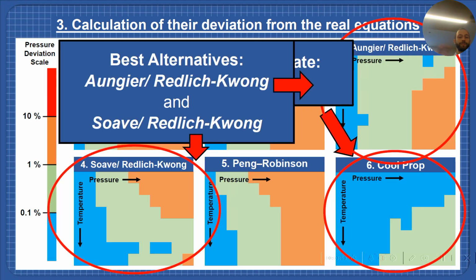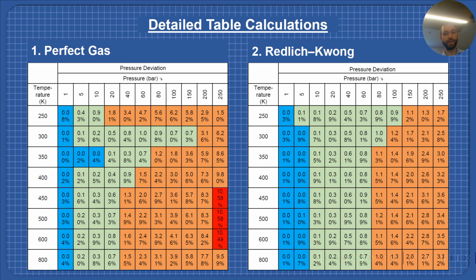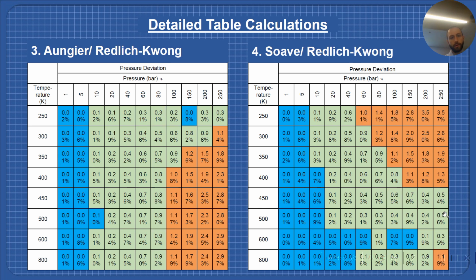So here we would have an animated slide, but it's not working, so I will show you the other available slides. These are the first 2 equations, the perfect gas and the Redlich-Kwong. We see that perfect gas has a region with very low precision, while the Redlich-Kwong performs relatively well with a maximum of 3.5% deviation.